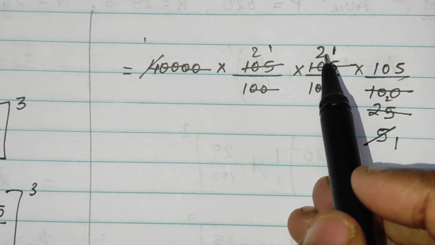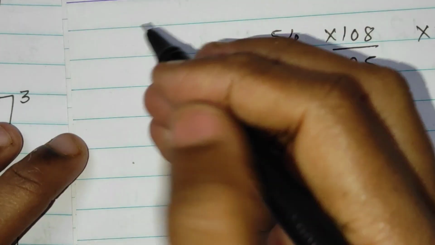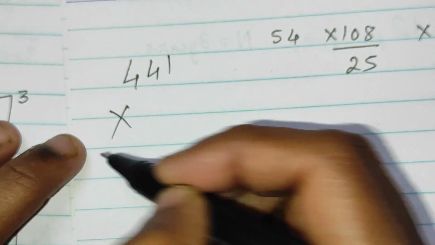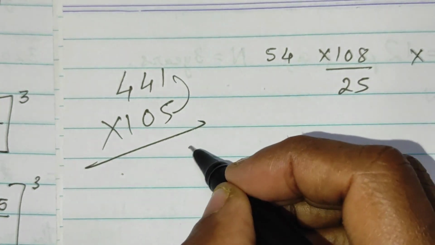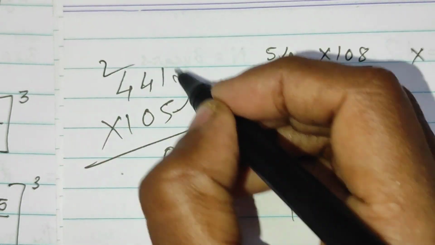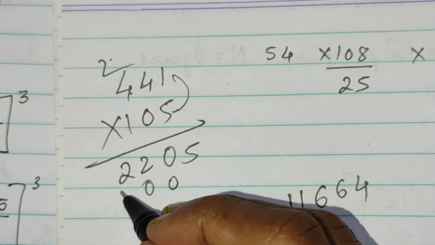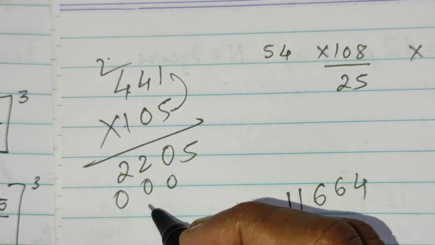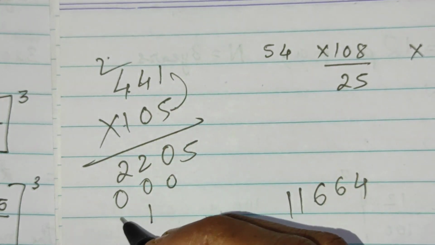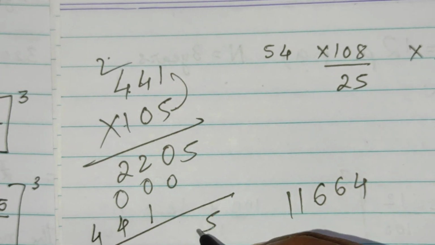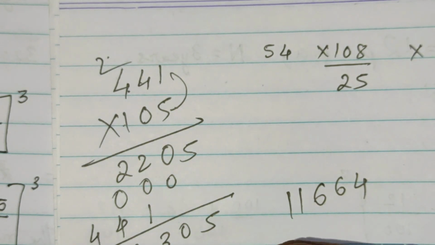So 21 into 21 is 441. So 441 into 105. 5 ones are 5, 5 fours are 20, 5 fours are 20 and 2 is 22. 0 multiplied by any number is zero, and 1 multiplied by any number is the same. So 5 0 3 6 4.